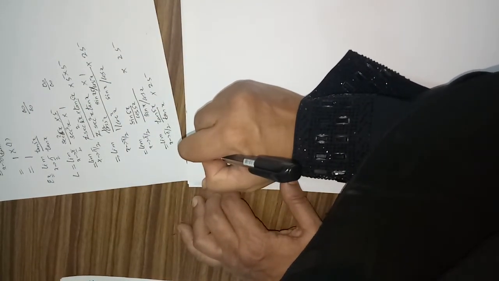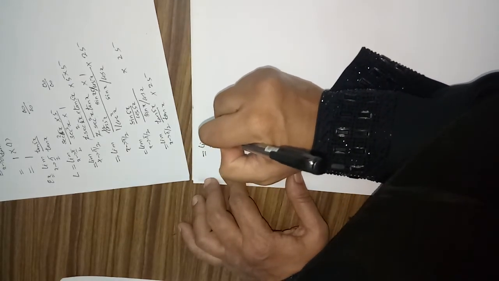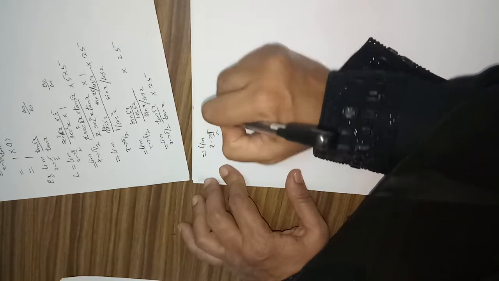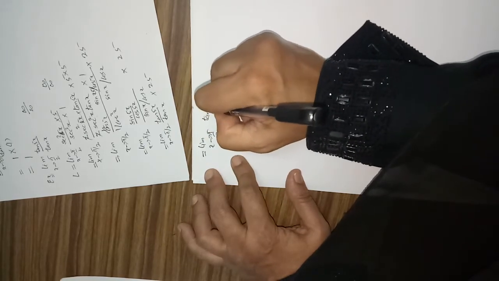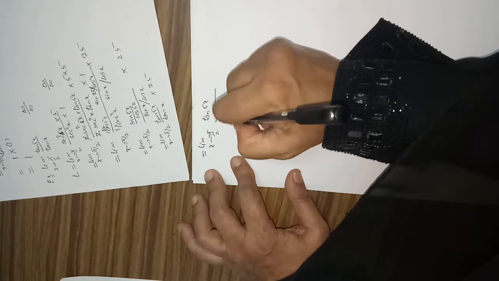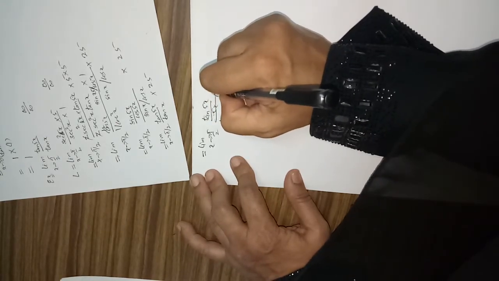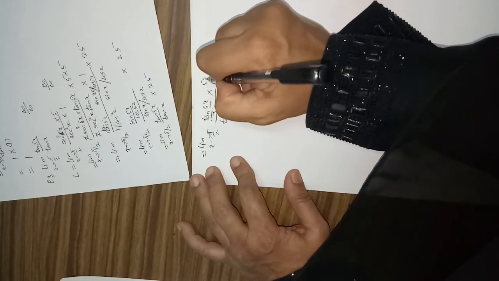This is equal to limit as x tends to pi by 2 of tan 5x divided by tan x. I require here 5x, so I shall multiply also by 5x.